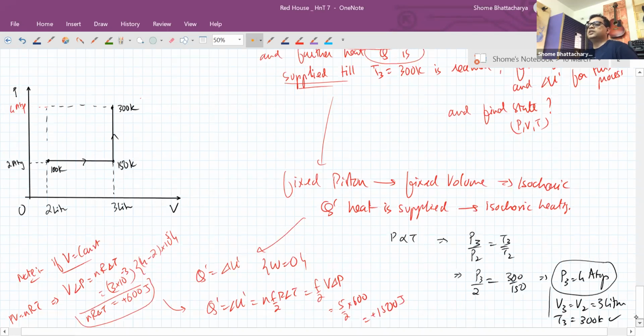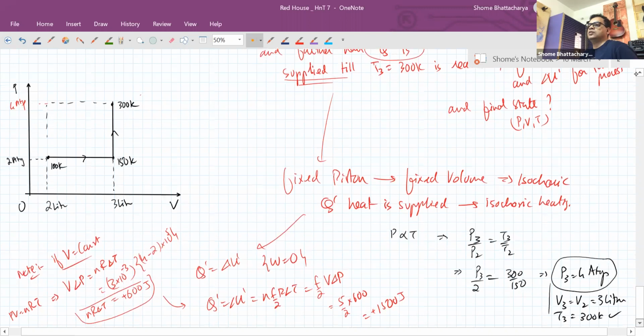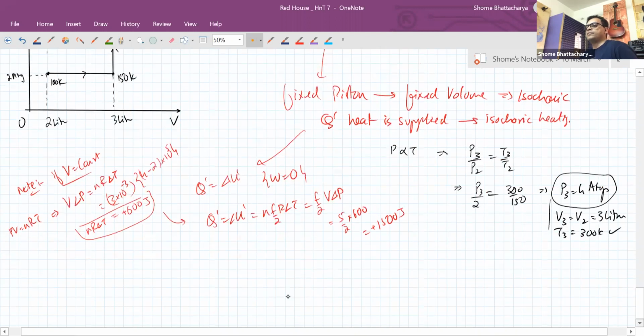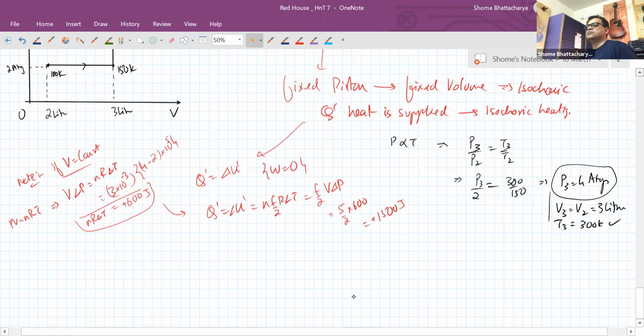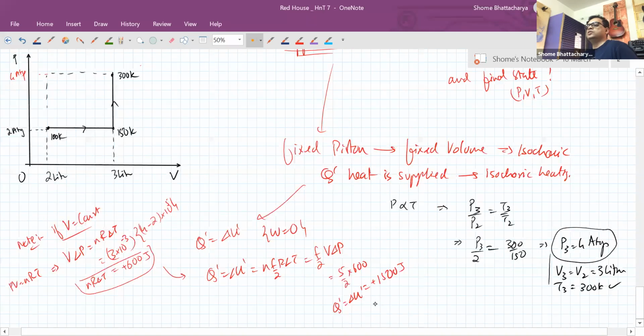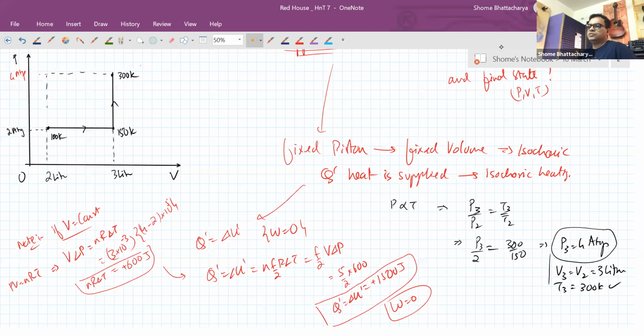So just check my answer. Are you getting the same? For the second process, you should be getting this. Yes, very good, Shubham.